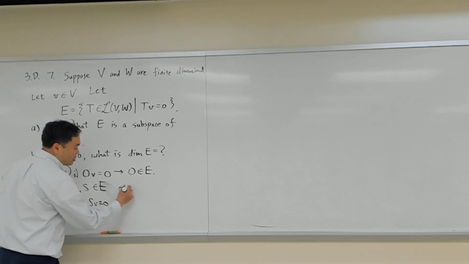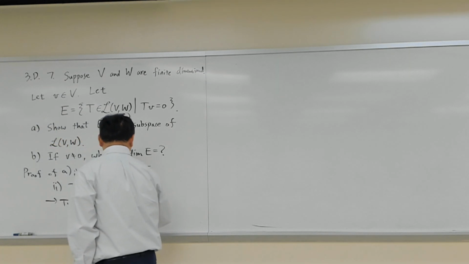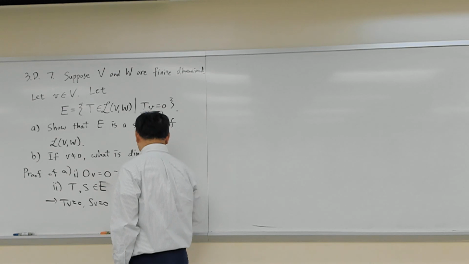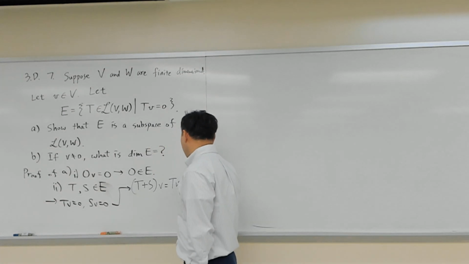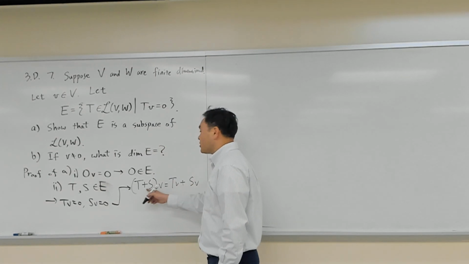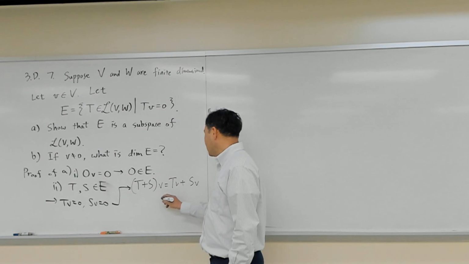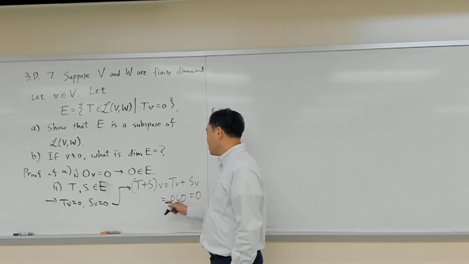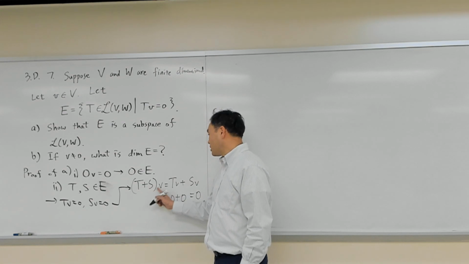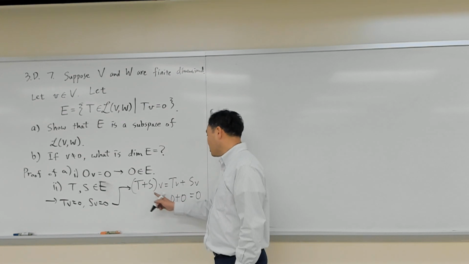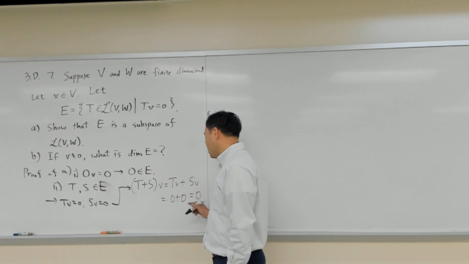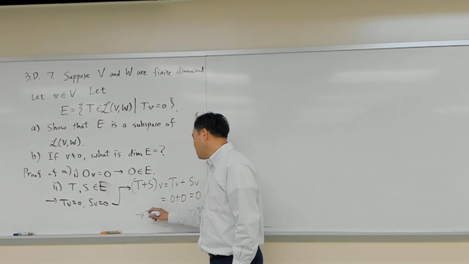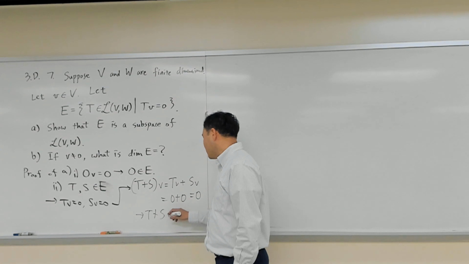Then T plus S applied to v is Tv plus Sv, that's the definition of this map, and these are 0 plus 0, which is 0. So this is again in the annihilator of v, because this map applied to v is 0.